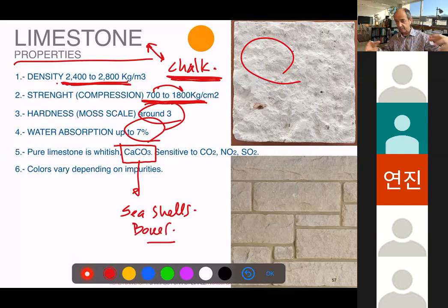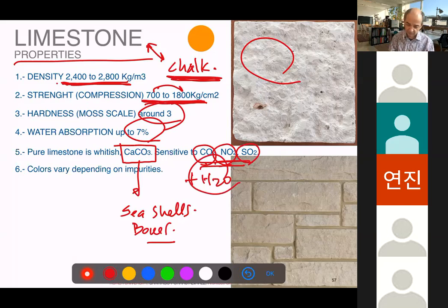So very often this stone comes from organic deposits. The point is that this reacts with carbon and all pollutants plus water, right? So to use those materials in outside facades, if it is pure limestone, it's very risky. Remember that we said that there is a kind of metamorphosis into marble.